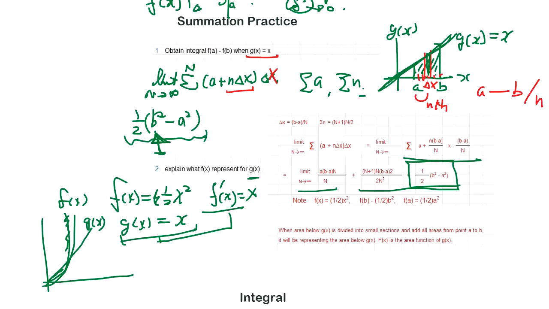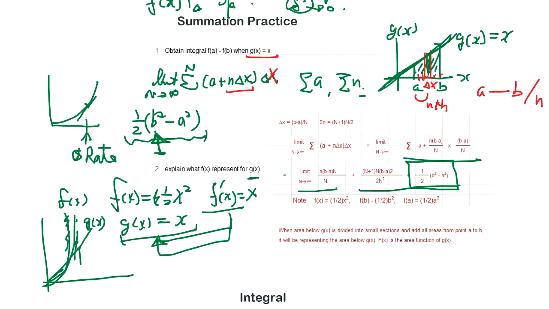Okay, the slope of this is g(x) because it's a derivative. It's a derivative function. That means the quadratic function's slope represents the rate of increase in the area. Rate of increase in the area, and that's what g(x) is.